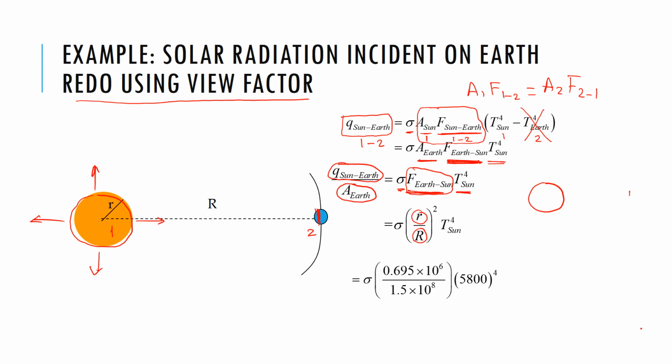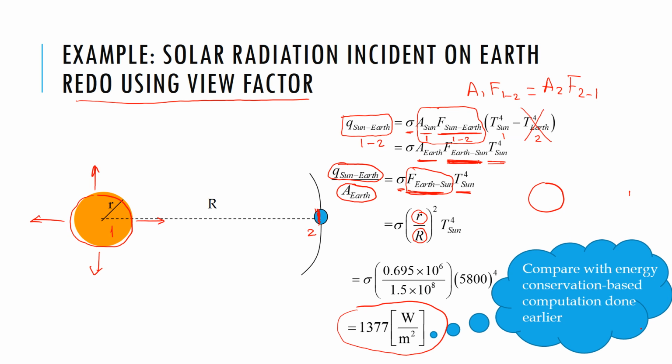So if we now plug in the numbers, we get the same answer as we did from the simple geometry calculation. The simple geometry calculation was, whatever energy is coming out here is the same amount of energy coming out over a sphere of this radius. If we do it that way, we get the same value, which means this view factor is really, in this case, taking care of this distance effect.